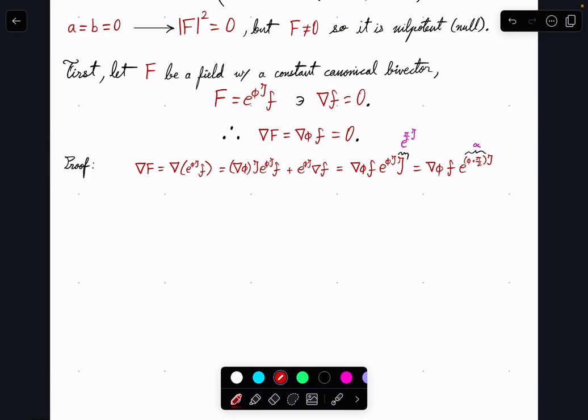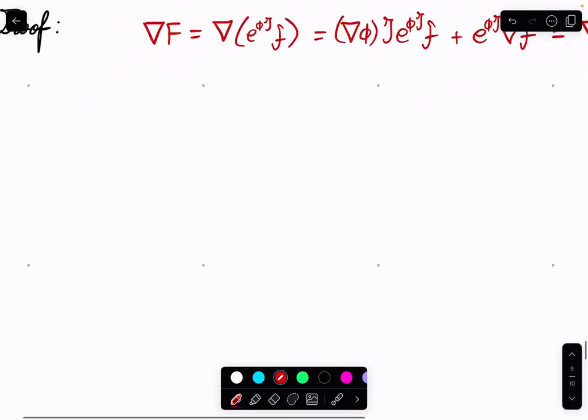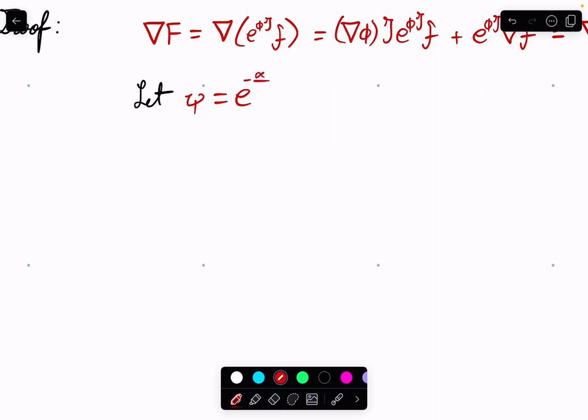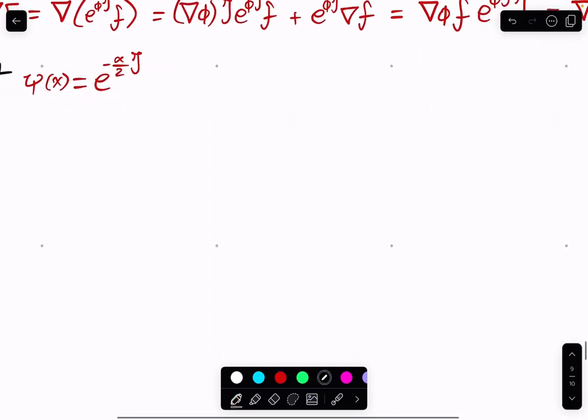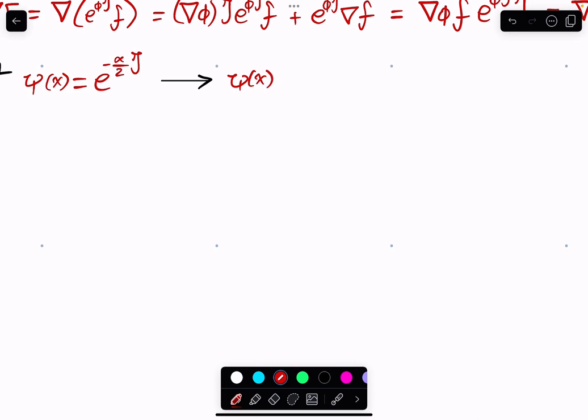But we know that if we let c here be equal to e to the negative alpha over 2 I, and for emphasis, this is a function of space, then we can perform a phase rotation of this gradient of f here.